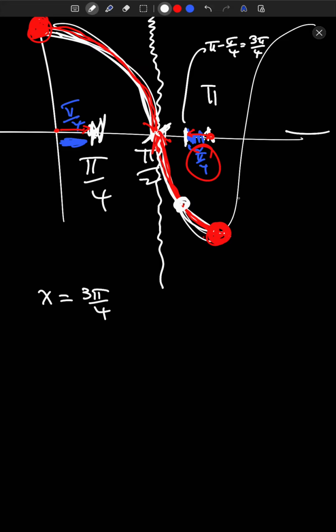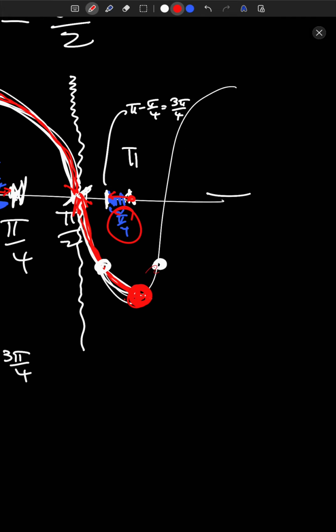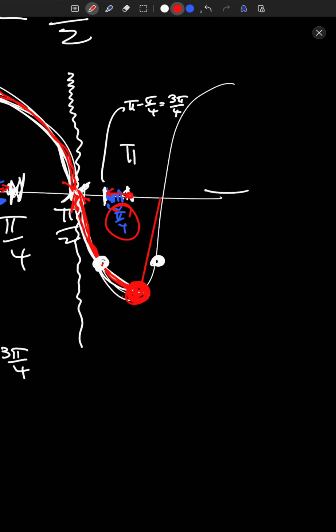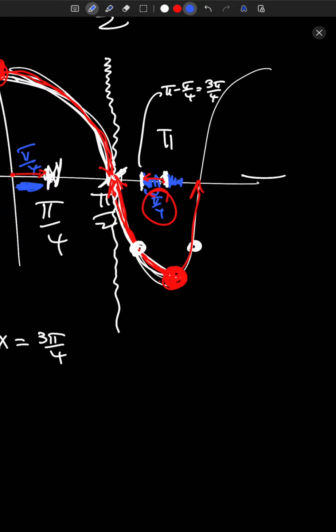And then I need to use symmetry to find that one, right? For that one, I would think about the hump as going from here to there, going that way. And so for that one, I would need to start at pi and move to the right by pi over 4 to get to the correct position.